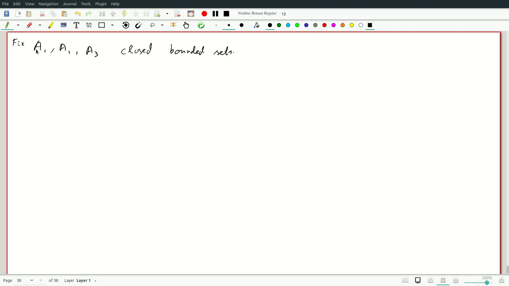What we want to show, I won't state the lemma this way, so I'm just saying to show, is that the distance between A1 and A3, where the distance here is the Hausdorff distance, is less than or equal to the Hausdorff distance between A1 and A2 plus the Hausdorff distance between A2 and A3. That's very well, but this is the maximum of two different quantities, as we saw. So we have to show what were those two quantities.